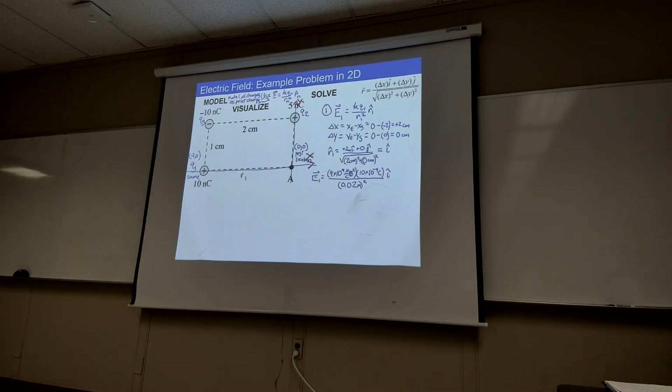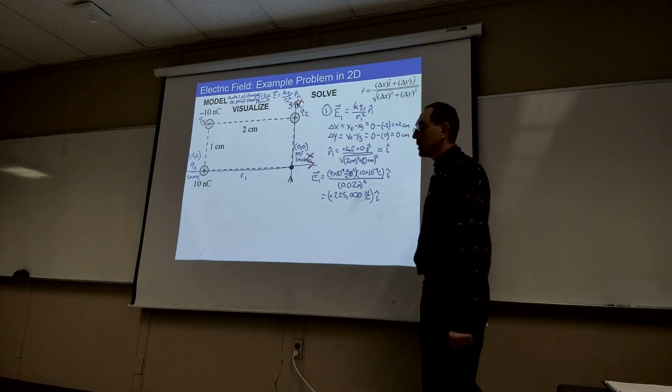Did you get an answer? 225,000. Anybody else get a different answer? All right, we'll go with 225,000. So that's plus 225,000 newtons per coulomb, again times i hat. That's the contribution due to charge one.